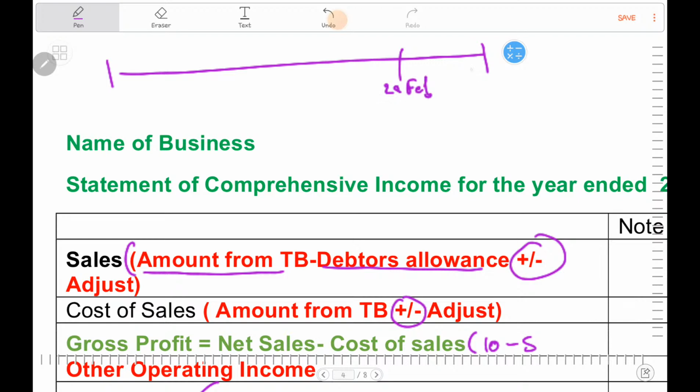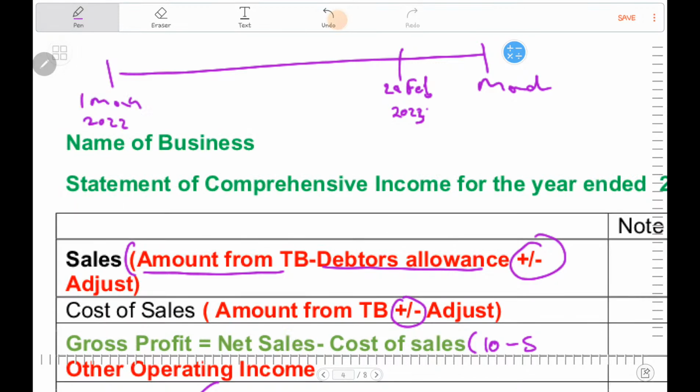Then the 13th month will be March, meaning that since March does not form part of the financial year, we know that we're going to subtract it. Then from the 1st of March of the previous financial year, or the start of the financial year, let's say 1st of March 2022, up to 28 February 2023. It should be like this.